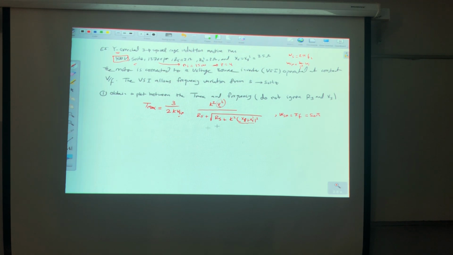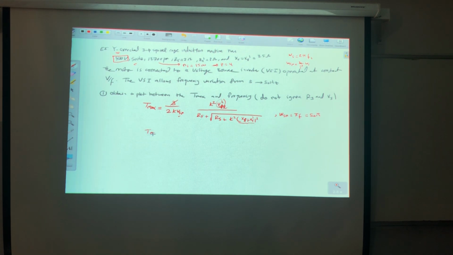So I can say this one is neglected, and here I will put line. So I will use this one directly. It's phase, so it will be line to line over square root of 3, squared. So I will get the 3, and I'm having 3, so the 3 will eat the 3.